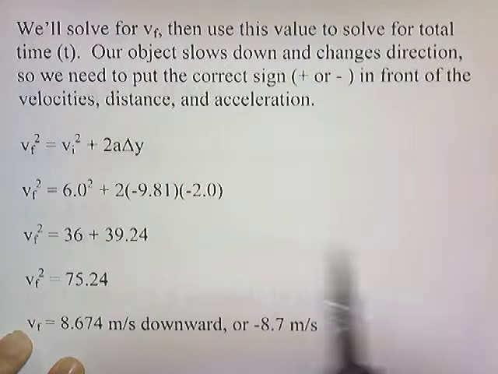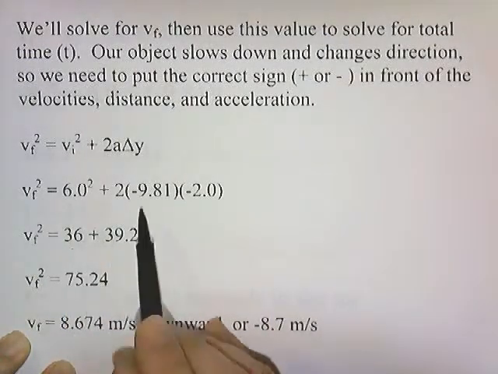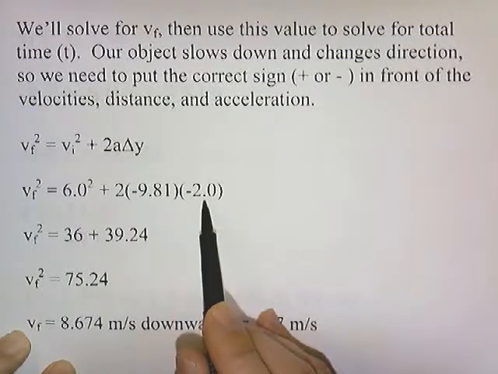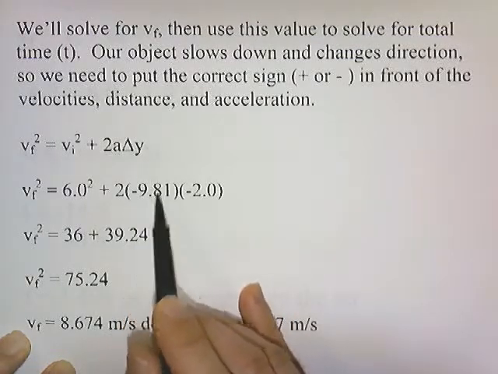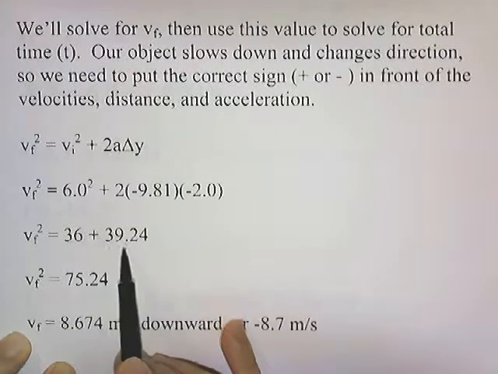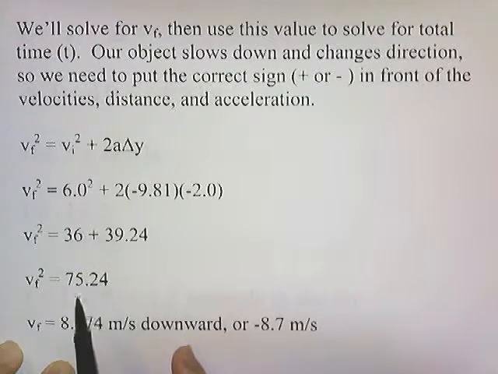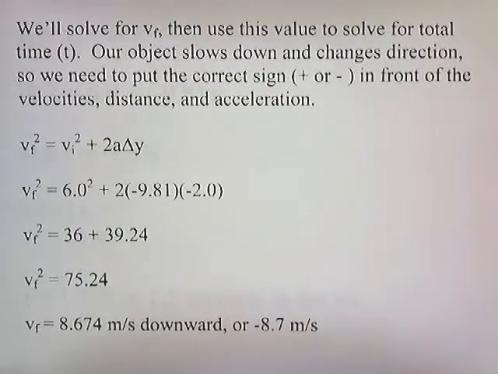So solving for vf, we've got vf equals the square root of 6 squared, which is 36, minus 2 times 9.81 times -2. Negative times negative gives me a positive, so that gives us 39.24. 36 plus 39.24 gives 75.24.